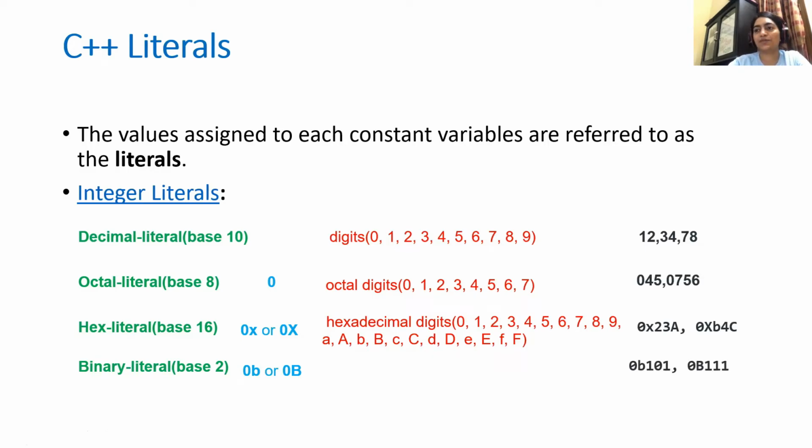Here is the example. You may sometimes see a number like 123456, and at the end you see LL. The computer reads this as a long long integer value, so it stores it as a long integer value.